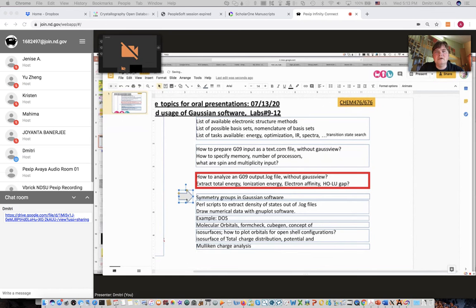The extracting density of states from .log files and drawing numerical data with GNU plot software is unavoidable. This is one of the key parts of the course, and is, I don't know, easy enough or complicated enough, but this is an important part.